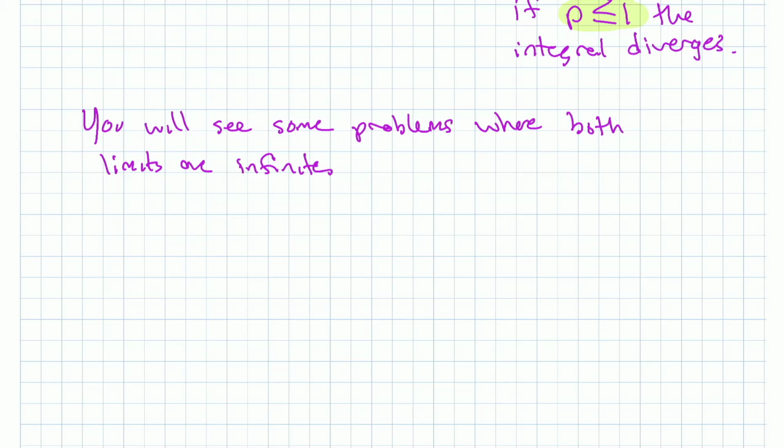Where will that happen? Well, or what will that look like? It'll look something like this, like negative infinity to positive infinity of whatever they want. So, maybe it's e to the negative x, whatever it is. It doesn't matter. The point is infinity, infinity.